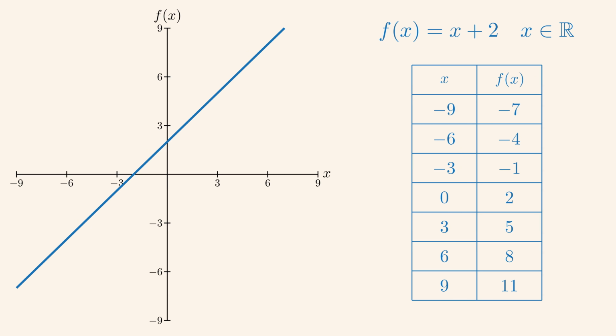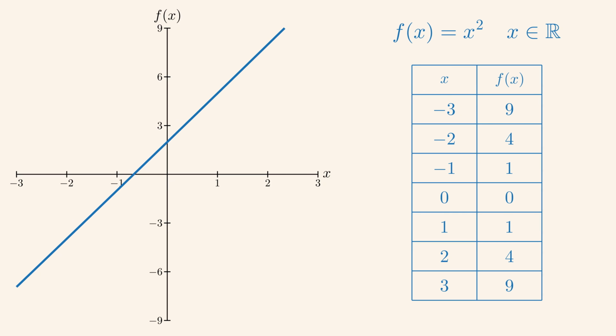Now let's move on to another function, x squared. From now on, instead of saying f of x, we will just say f for brevity. Just like before, we can calculate a table of values and use it to sketch the curve.